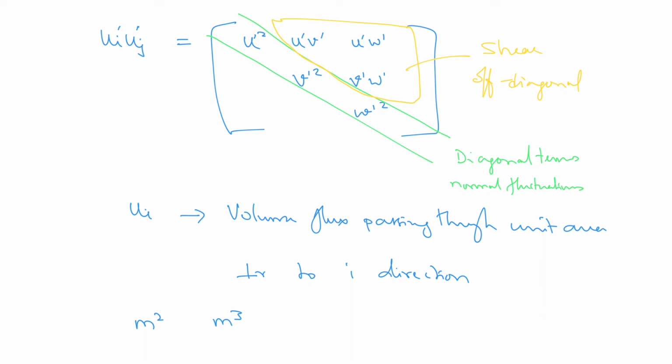So it is like a volume per time passing through unit area, meter cube per second per meter square. If you simplify this, it gives you meter per second. So how I am seeing this in fluid mechanics is, ui is conveying us the volume flux passing through unit area which is perpendicular to the i direction.